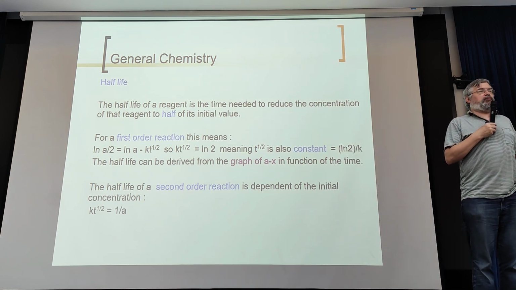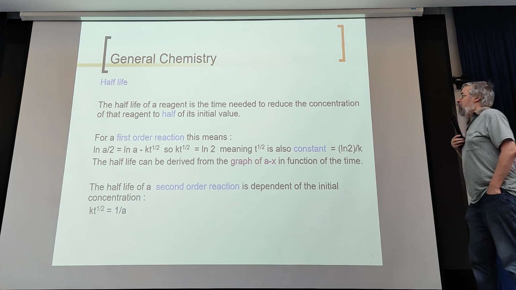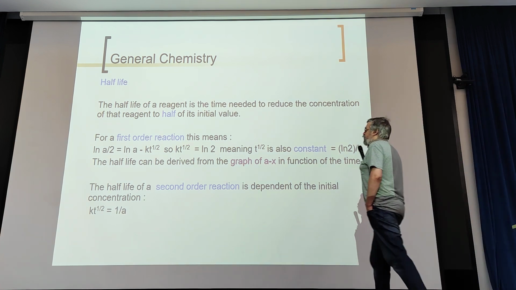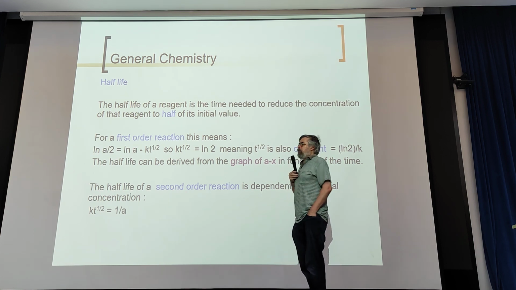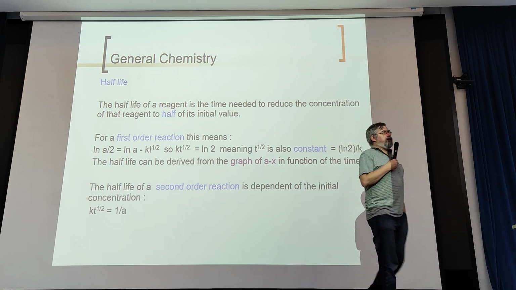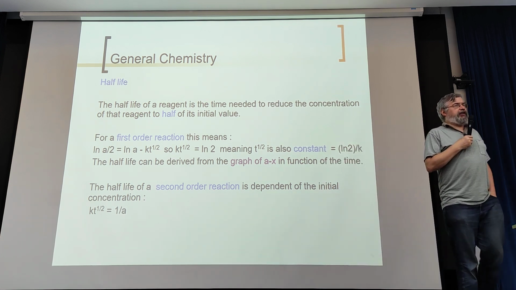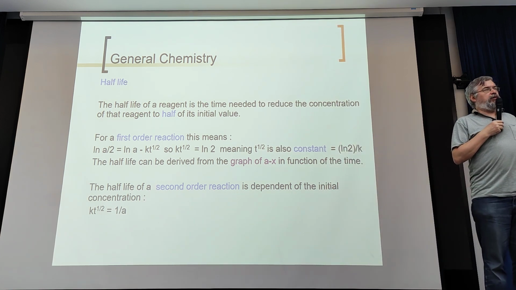That's the time t half, the half-life. So that means k times t half is ln 2. So actually k is a constant and ln 2 is a constant. So we can conclude from that the half-life is also a constant.